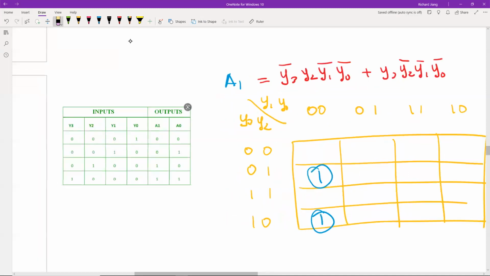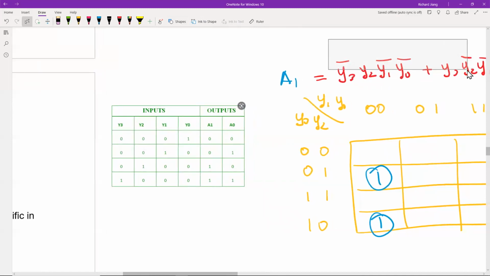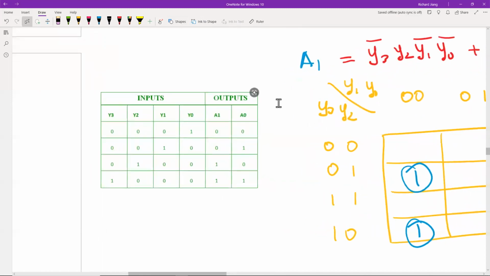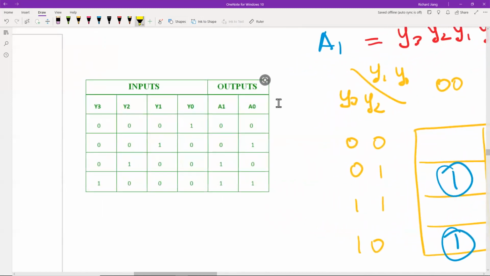Let me see. So you said that they got a simpler expression compared to what we had over here. Yeah. Okay. I mean, they didn't use any Boolean algebra or anything. They just looked at the truth table and were like, A1's 1 when Y2 is 1 and Y3 is 1. Well, that's not the case from what we see here.